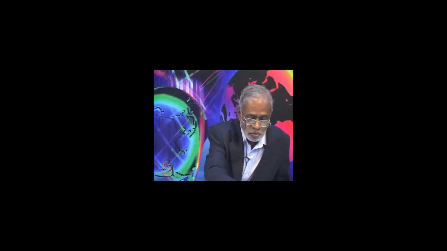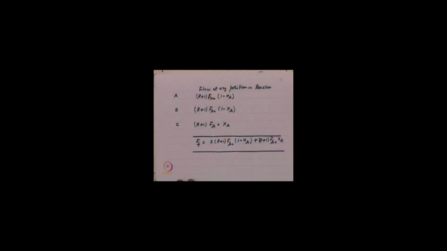To be able to look at the numbers, we will have to go through elements of stoichiometry, which you all understand. At any position in the reaction equipment, if the recycle ratio is R, then (R plus 1) times F_A0 multiplied by (1 minus X_A) would be the molar flow of A at this point.